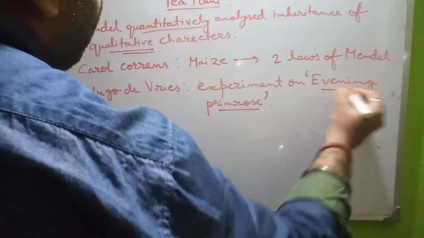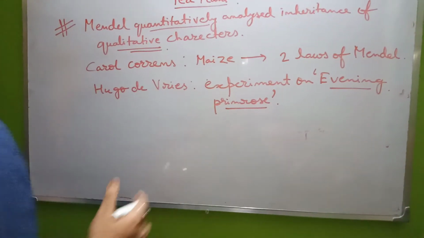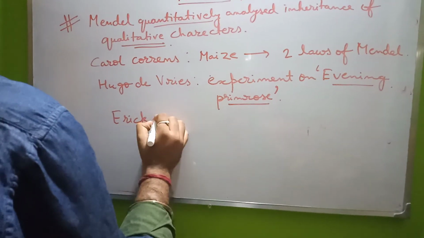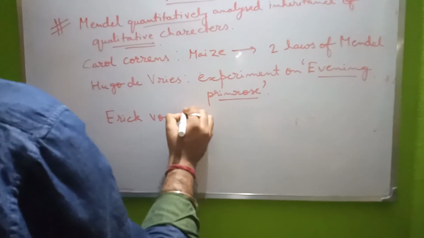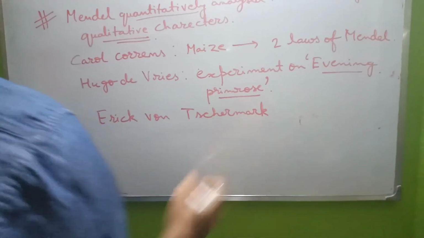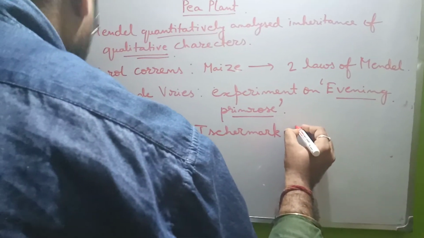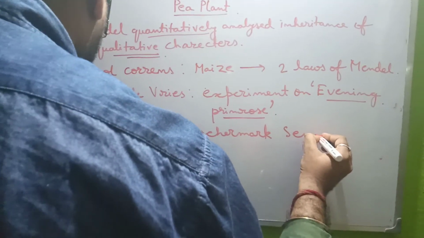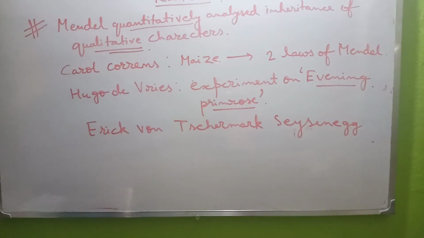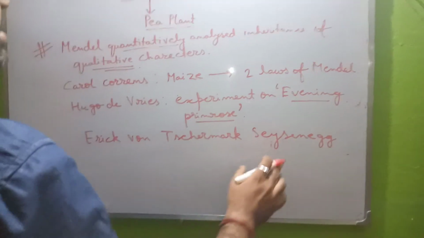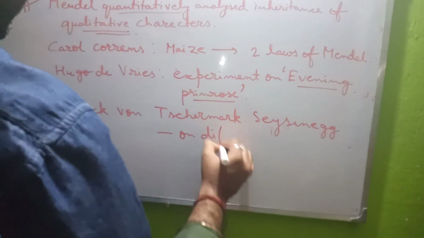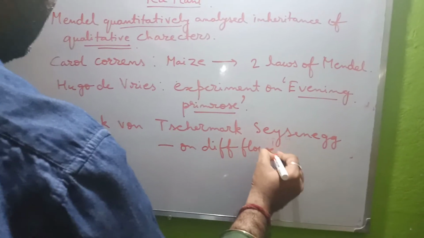This was the plant on which he carried out a number of mutations and experiments. And the last one, his name is a little bit too long, Erich von Tschermak-Seysenegg. He worked on different flowering plants.